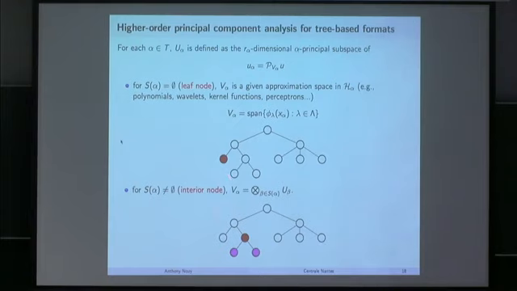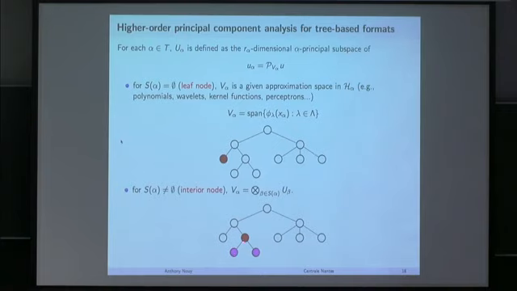Then when I am in a node which is an interior node, not a leaf, I need an approximation space in which to estimate the principal components. What I will do is consider the tensor product of the approximate principal subspaces that have been determined at the previous step. Here we had determined an approximation of principal subspaces associated with variables 2 and 3.